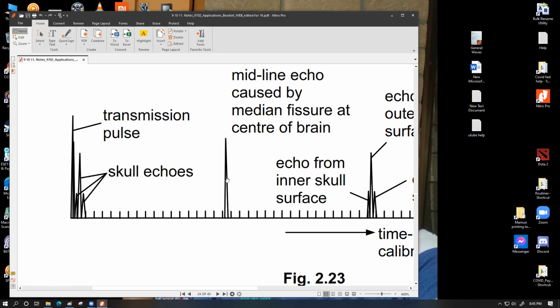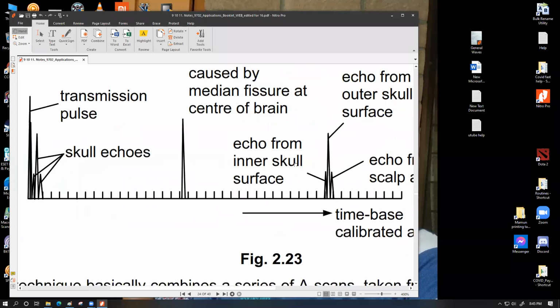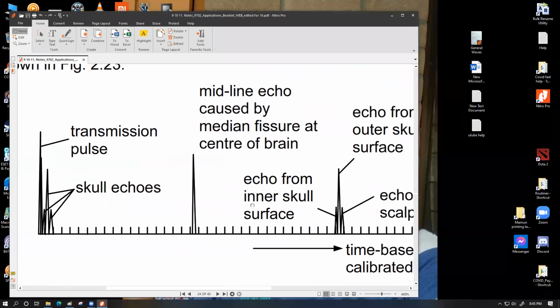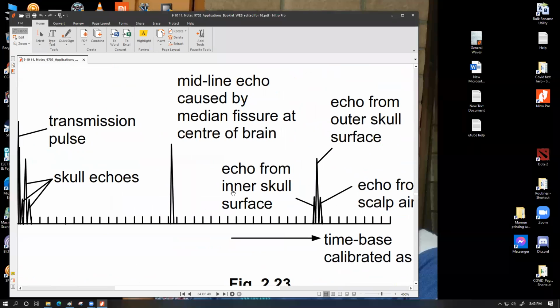You have to understand that we are measuring all of these individual intensities, which are the reflected intensities from that location. In this case, the graph is plotted with respect to time, calibrated as distance, which means we know the typical speed of ultrasound through this medium, the head.